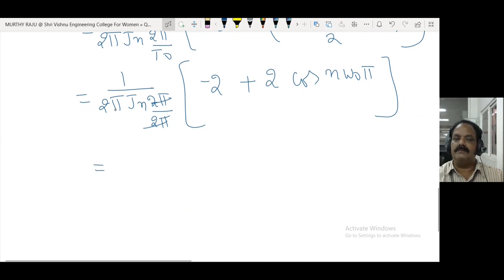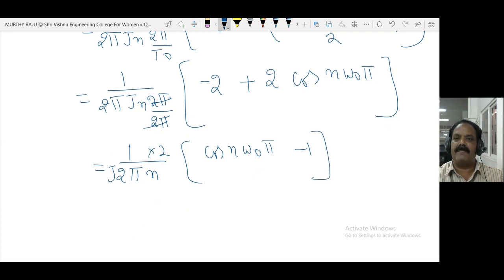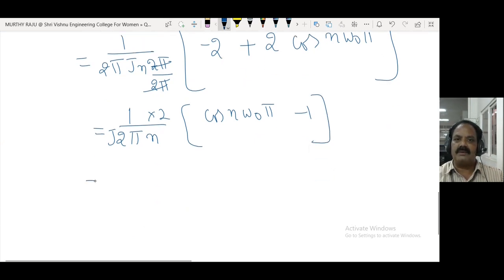Here 1 by 2 is a common term: 1 by j 2 pi n, 2 is common, times cos n omega naught pi minus 1. The 2 cancels, giving 1 by j n pi times cos n omega naught pi minus 1.